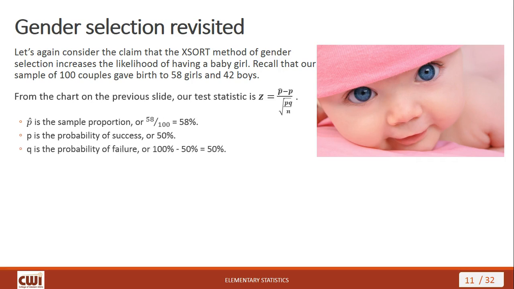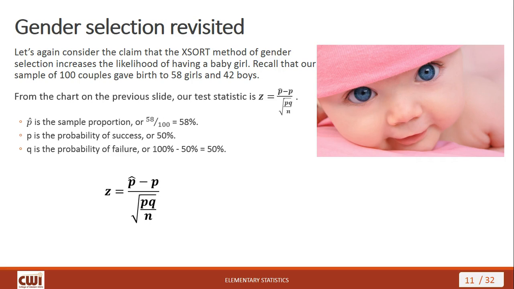Q is the complement of P because it is the probability of failure. So we simply subtract our 50% from 100%, or if you have it in decimal form, take 0.5 away from 1, and we get the same 50% as a value for Q.